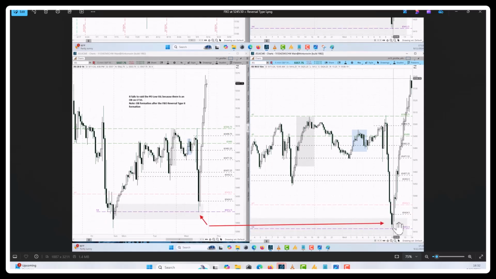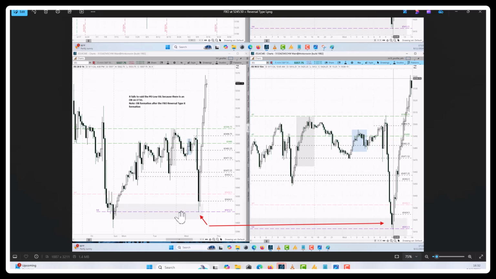And the reason why it reversed at this level is because on the 1-hour time frame there is an order block right there, which is a reversal setup, also a type 2 reversal. Test, break, and reverse, so it creates the huge order block.